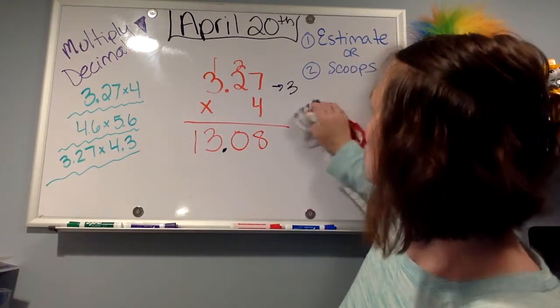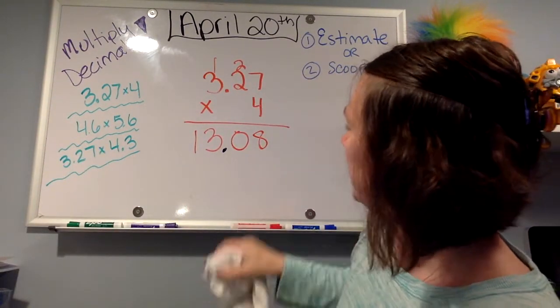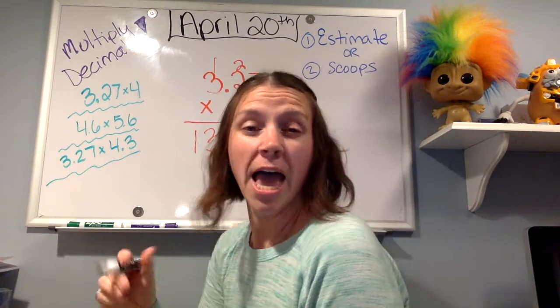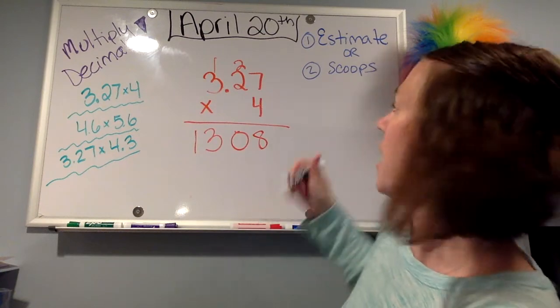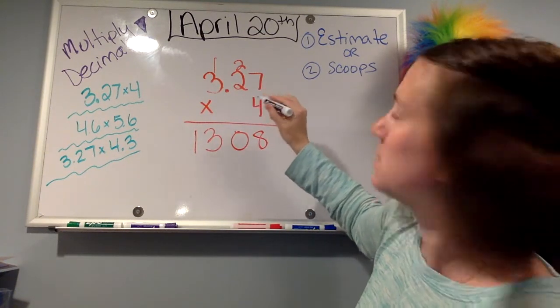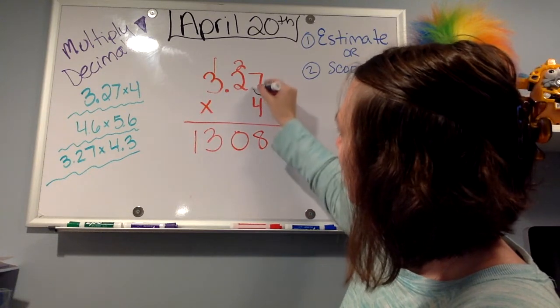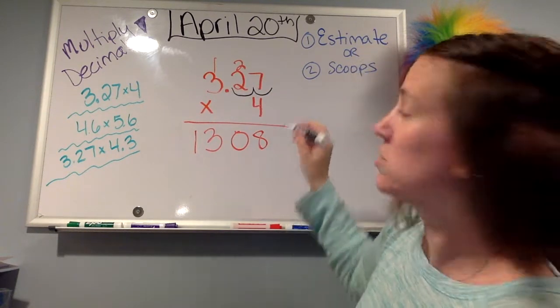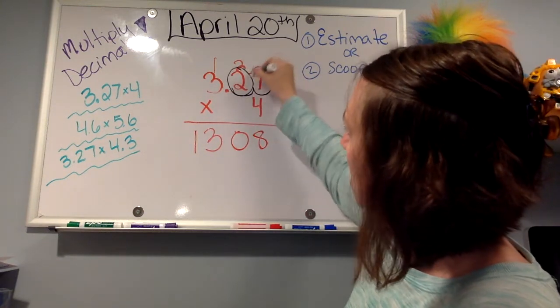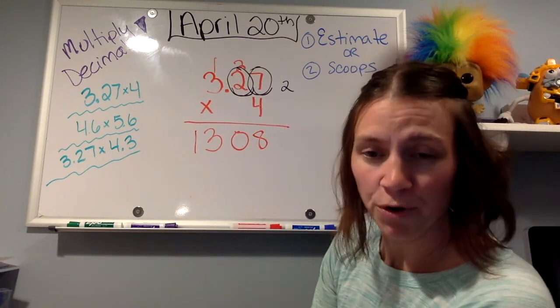Now, the scoops way is, we're going to think, all right, how many scoops of ice cream is this problem? I'm going to look at the decimal, and I'm going to start over here, and I'm going to see how many scoops it takes for me to get to my decimal point. So I have 1, 2. So that's 2 scoops. So I have 2 numbers right here after my decimal.